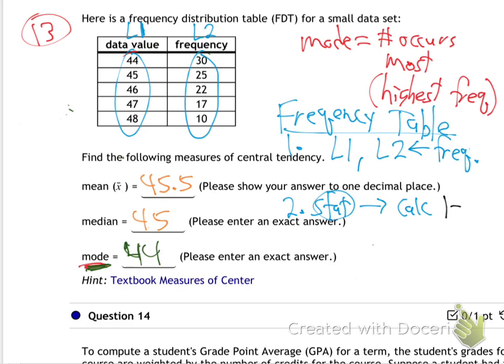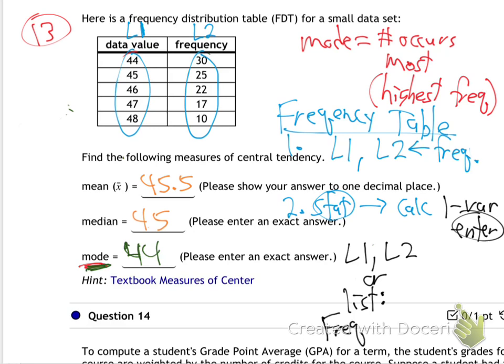Stat, calc, just one var, and hit Enter, and then L1, L2, or if you have list and frequency list, it'll be L1, L2.